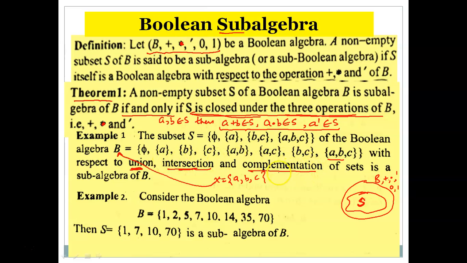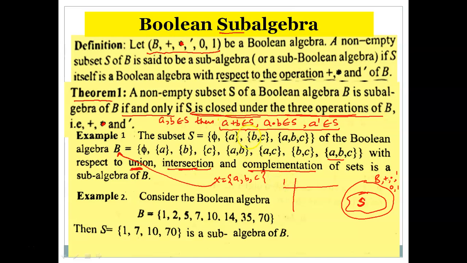Now we want to show that S is a subalgebra. So either we check all the properties or simply check these three properties. So how can we check these three properties? Let us see. Here we should check this plus law.